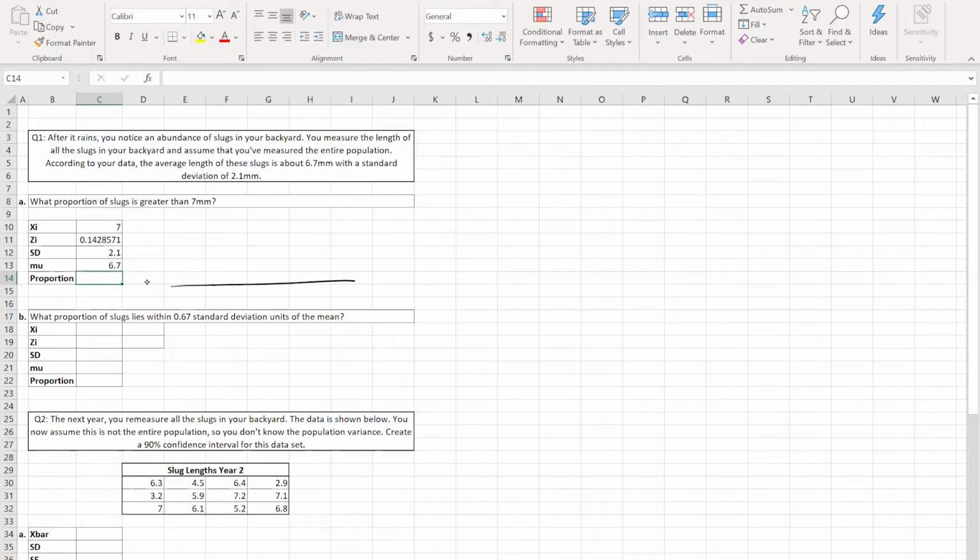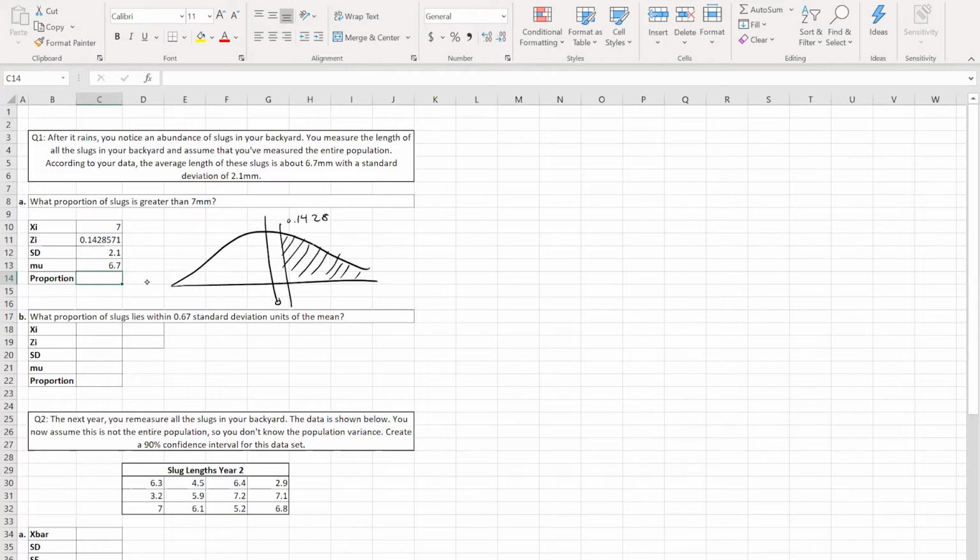If we draw this out, we get our mean of 0, our z-score is very small, 0.1428. So a very, very small z-score. And we want to calculate the proportion to the right of that.